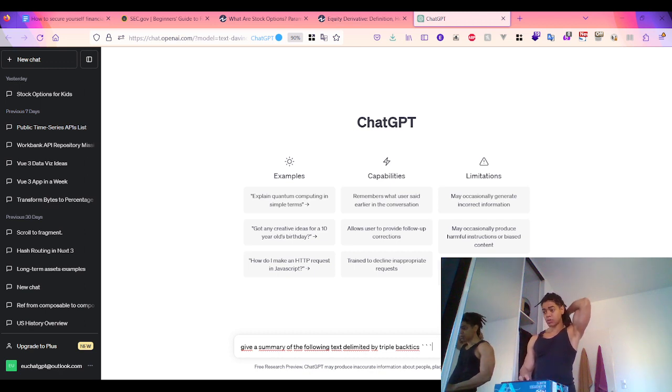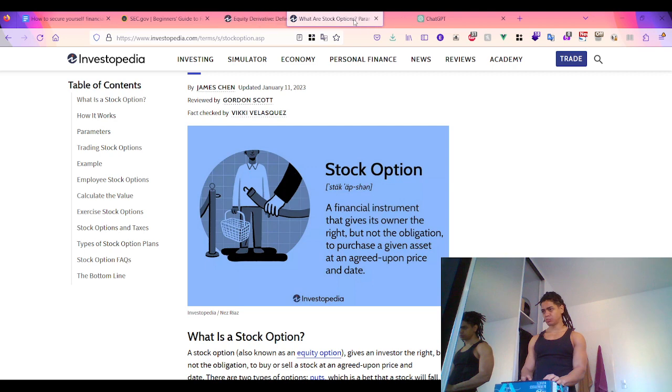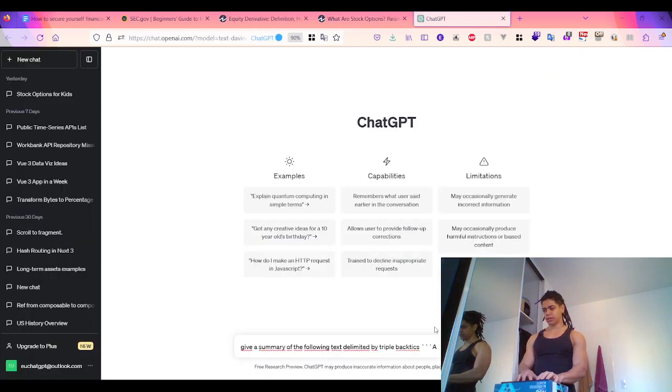So in this case it is this definition of financial instrument or stock options.